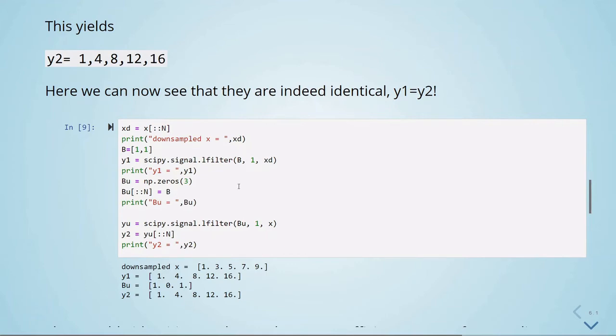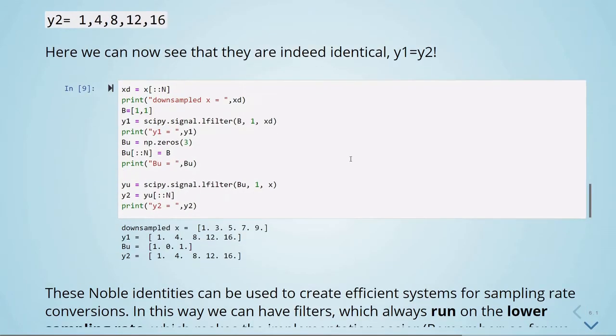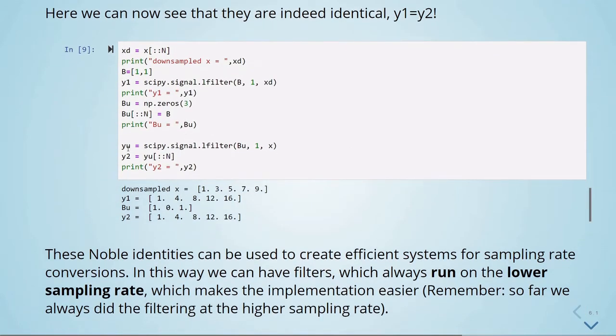So we had what we explained here, and then for y of u, we have our original signal x, and then we are filtering with this b of u, and then we have y2, and then we apply the downsampled version of this, and this is what we have here, and we see that y1 is equal to y2.